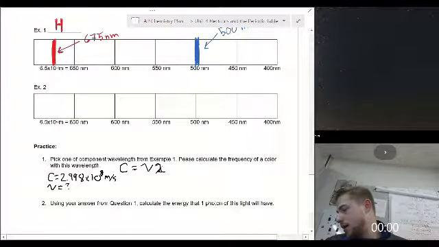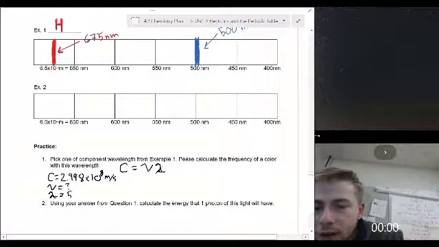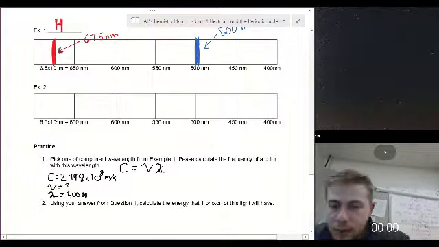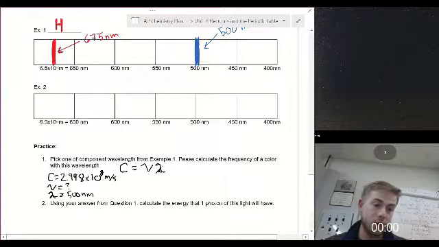And my wavelength, I do know my wavelength. Okay, so I'll put a little upside down y here, and that's going to equal 500 nanometers.